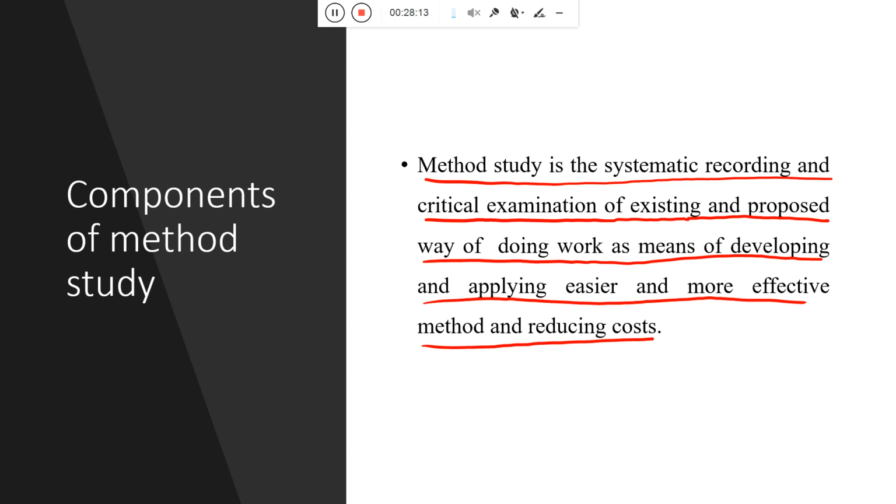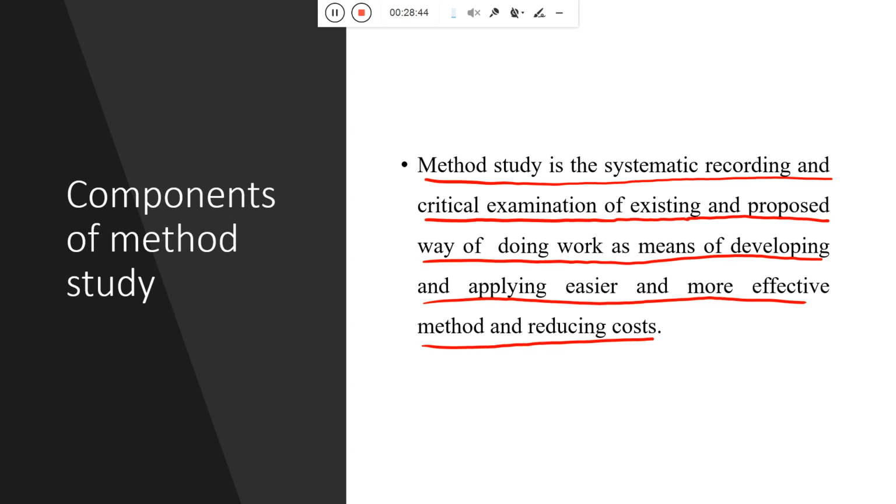Next, you need to critically examine. Is this the best or is an alternative available? Critical examination is needed, and how to do it we will also discuss in the coming lectures. So systematically record all the details of the existing method. After that, critically examine all those things.